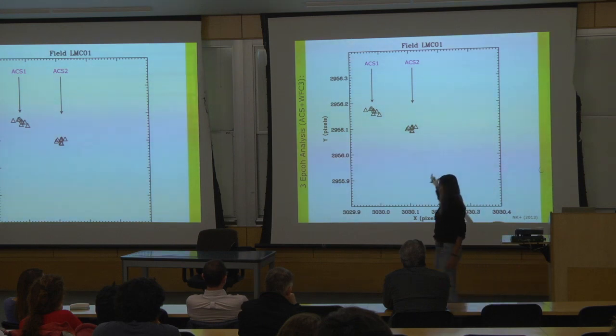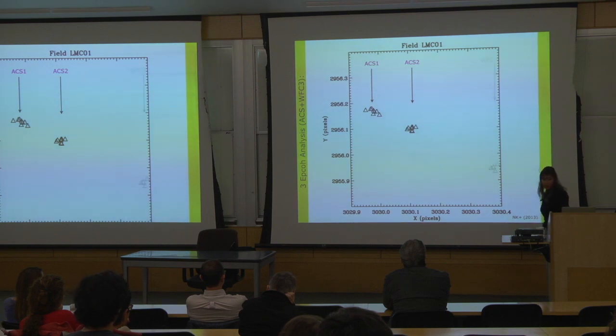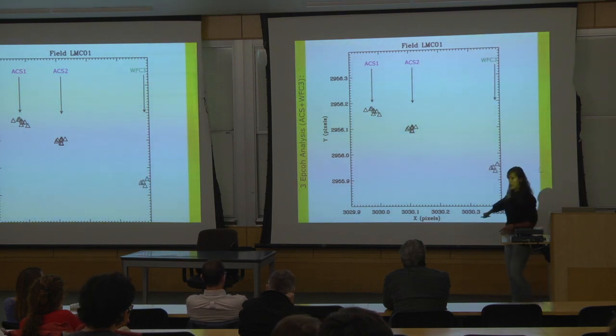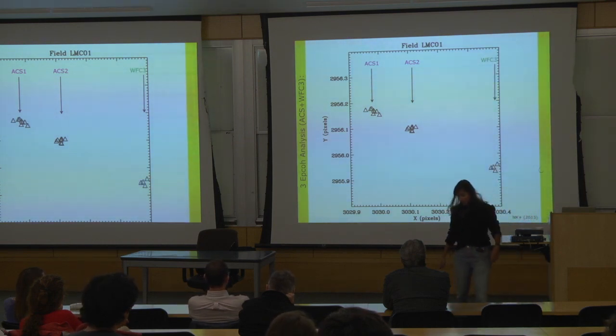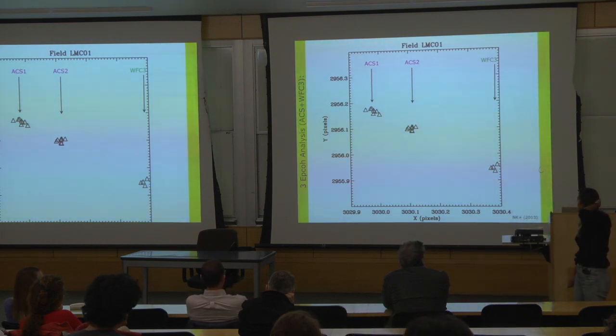But there's always a straight line between 2 points. So if the third point doesn't line up, then you know that we have some systematic error in our measurement that we didn't account for. So this is the third epoch. It was actually taken with a different camera, which ended up being good because it's a completely independent check.